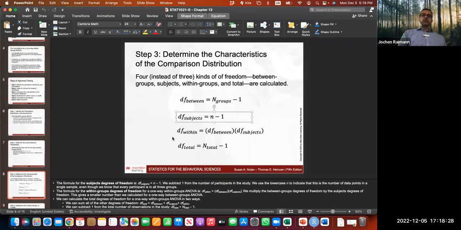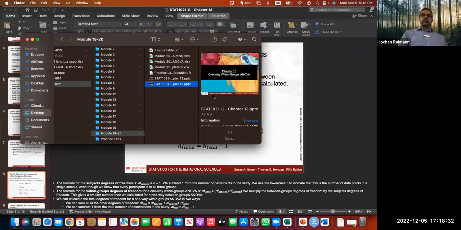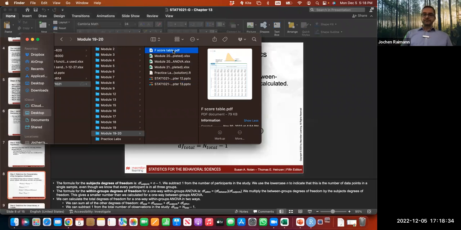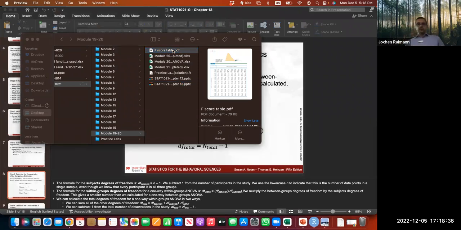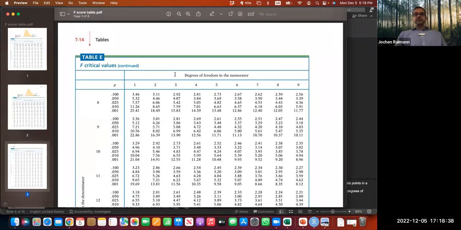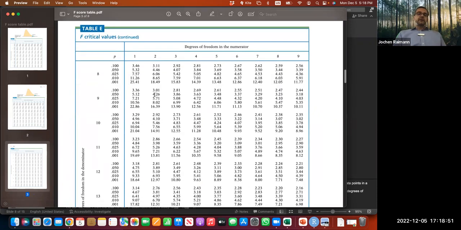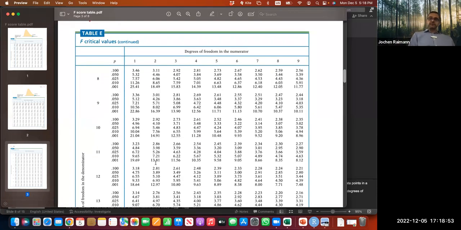So this is how you determine all your degrees of freedom. If you go to the F table now, we have set the degrees of freedom in the numerator, between groups. Degrees of freedom are 3 groups minus 1, so that's 2. And our within groups degrees of freedom is going to be 8.